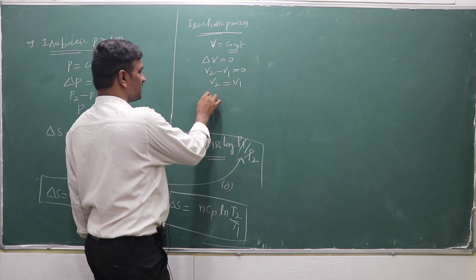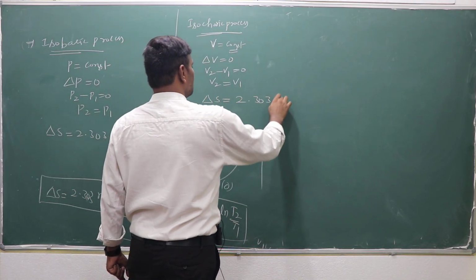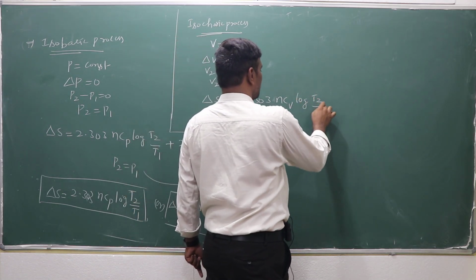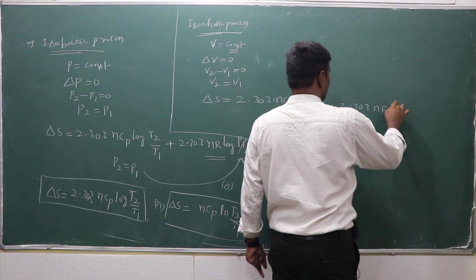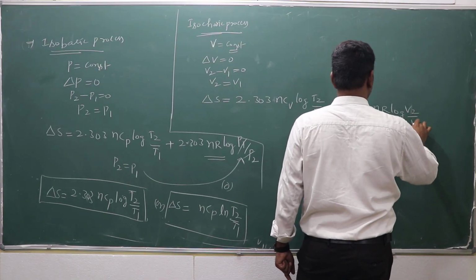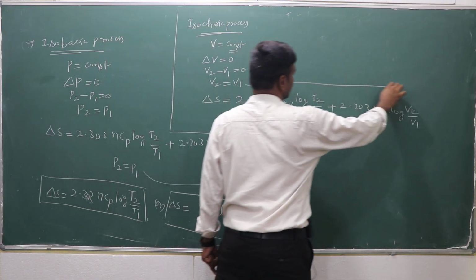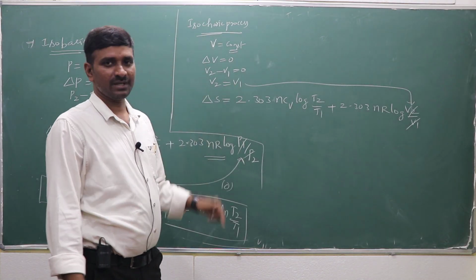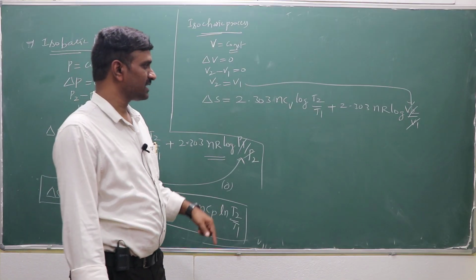So which relation can we take? Change in temperature as well as volume. So the entropy change is 2.303 nCv log T2 by T1 plus 2.303 nR log V2 by V1. From this relation, we can substitute V2 equal to V1, so cancellation takes place.